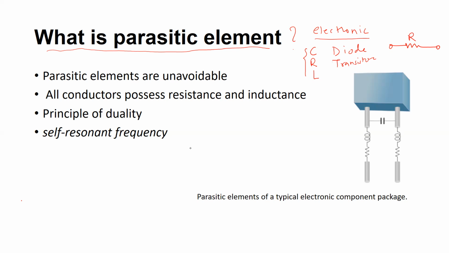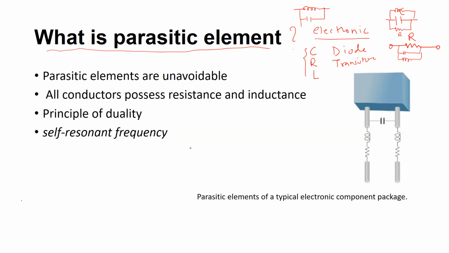For example, the resistor will have a capacitance and inductance. A capacitor will have unavoidable and unintentional resistance and inductance, and an inductor will have undesirable capacitance and maybe also a resistance.